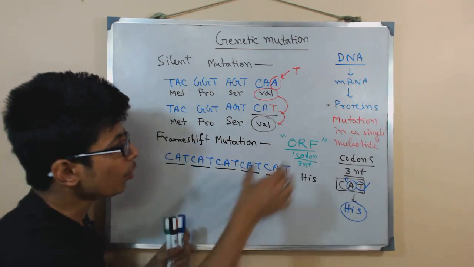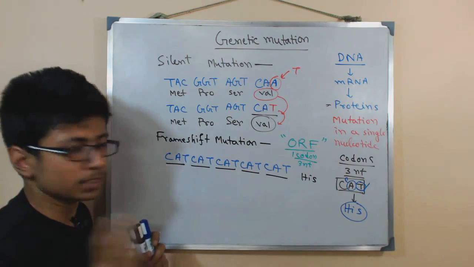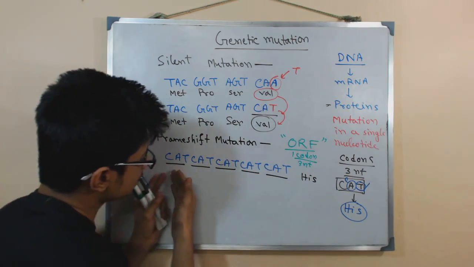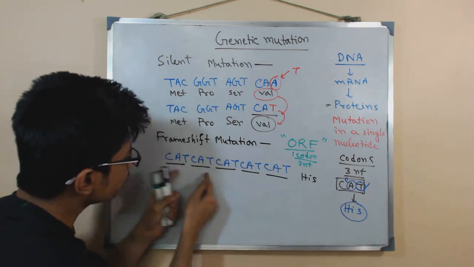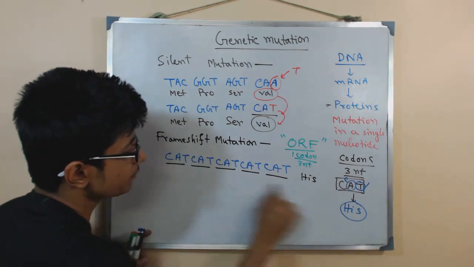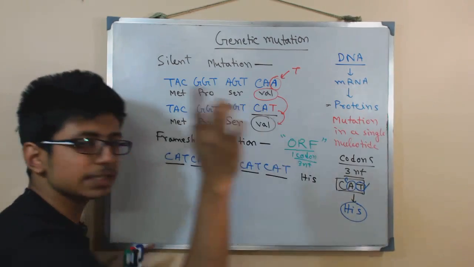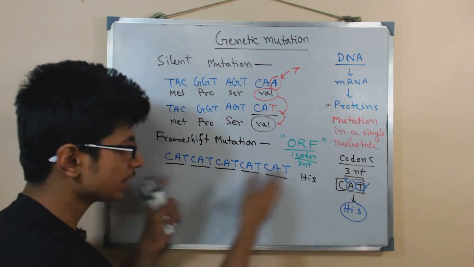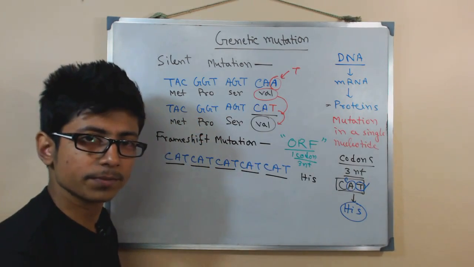So this open reading frame is kind of fixed. For example, in the normal case, it is CAT, CAT, CAT, and each open reading frame will insert one histidine. Ultimately, they will add five histidines by translating this mRNA which is produced.